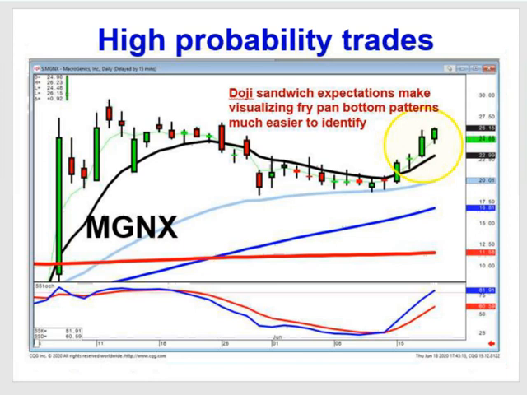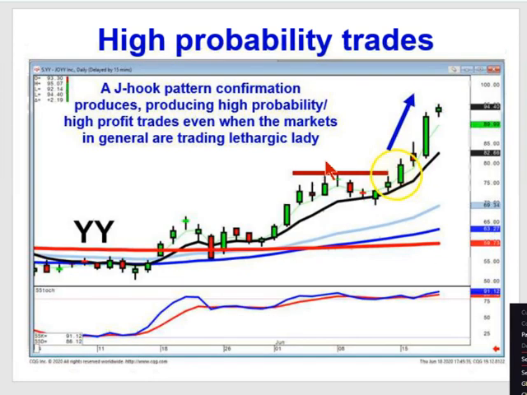So on something like this one, where you can see the J-hook pattern setting up, if you cut the chart off right here, you knew that if it started trading positive going through this level, you probably have wave 3 breaking out. Now, obviously, you're putting the probabilities in your favor that the breakout could be huge in one day or could be big over the next 2 or 3 days.